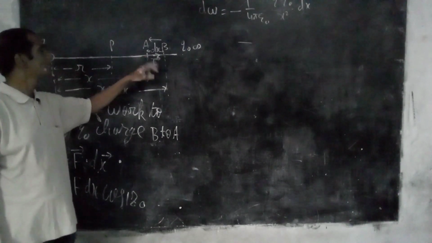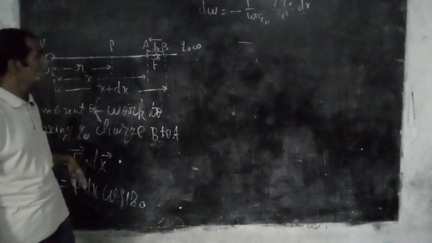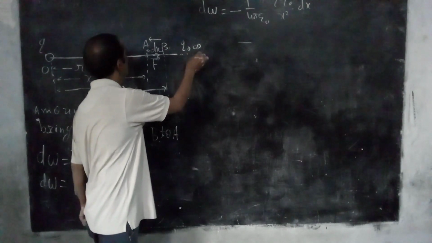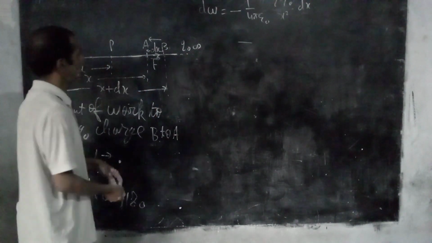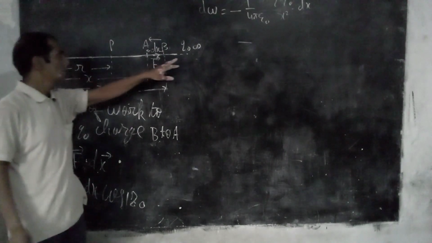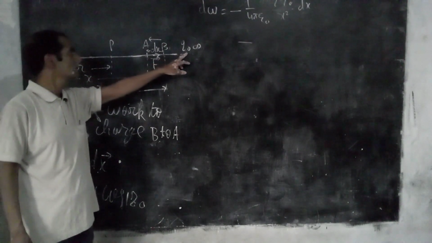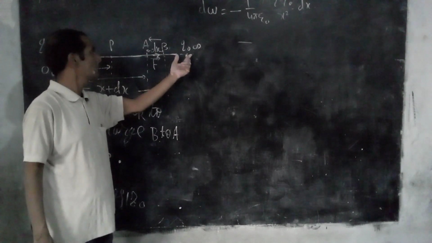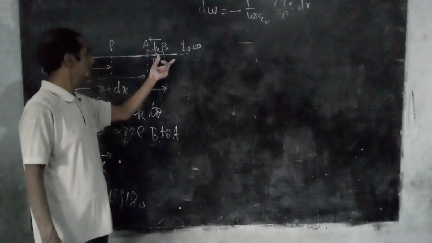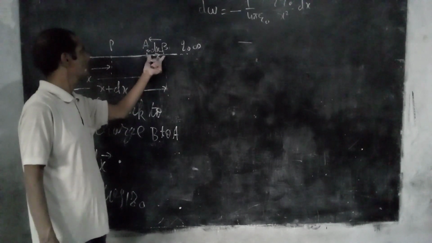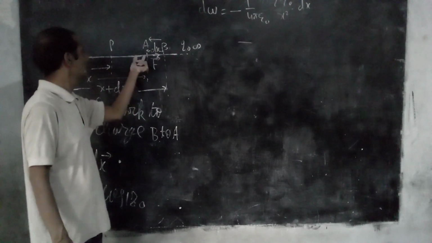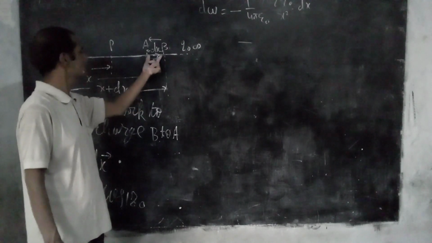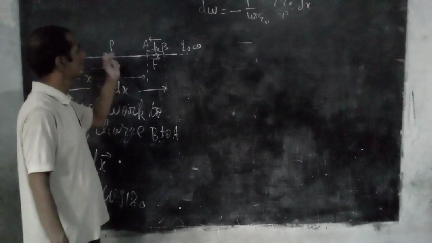Now we find the net work in bringing the test charge from infinite to point P. To find the total work in bringing test charge Q0 from infinite to point P, we break the distance between infinite and point P into an infinite number of small distances dx and find the work done for each displacement.